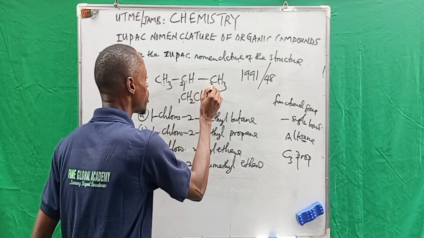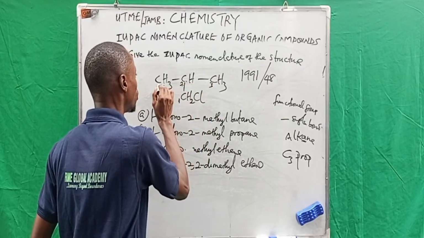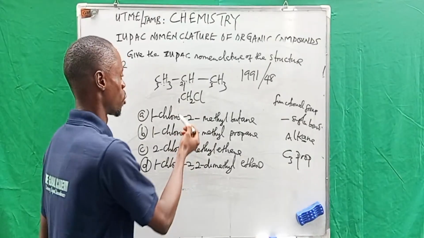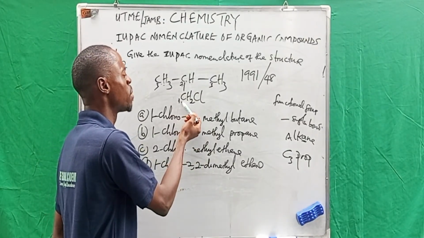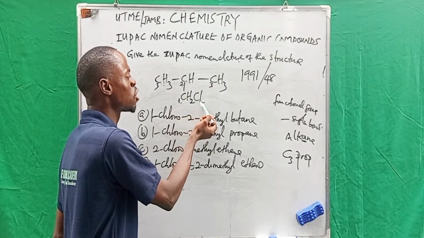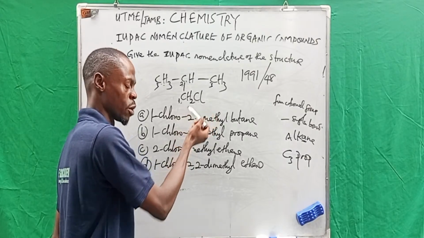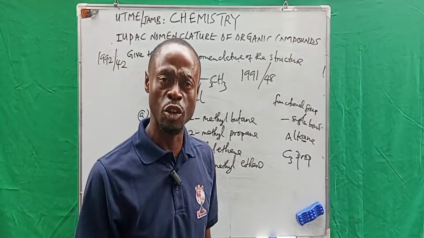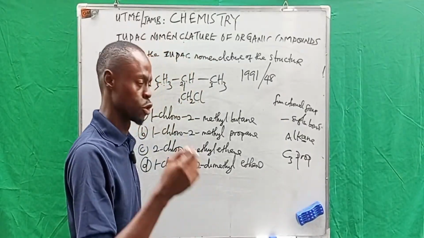1, 2, 3 is correct. I'll give you a reason why we must start numbering from here. If we start numbering from here, it simply means that this chlorine is a carbon atom 1, which is an inorganic branch or substituent in this structure.